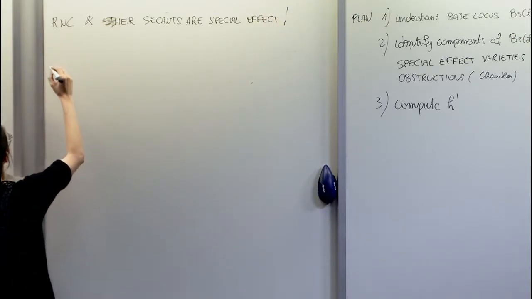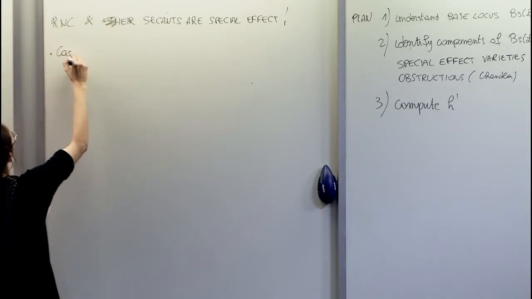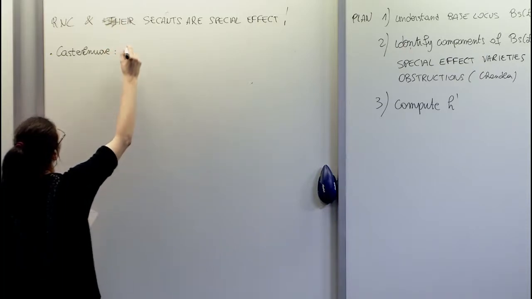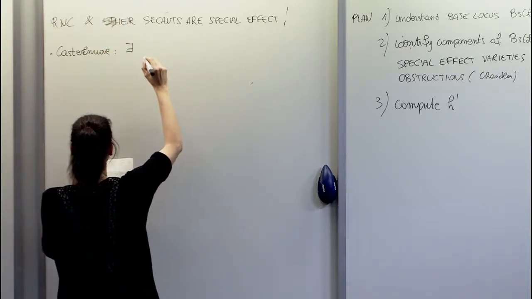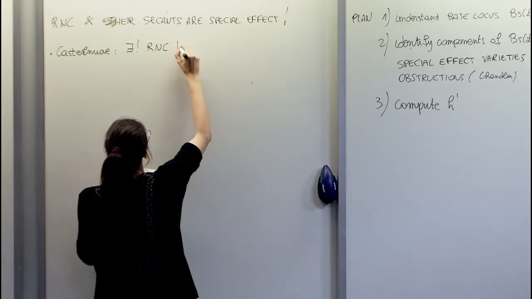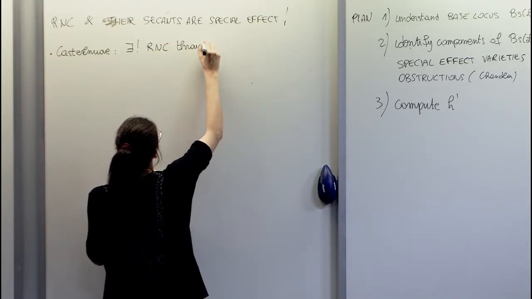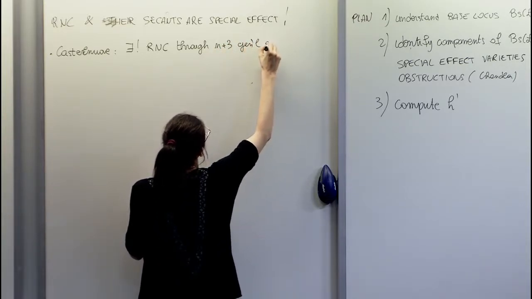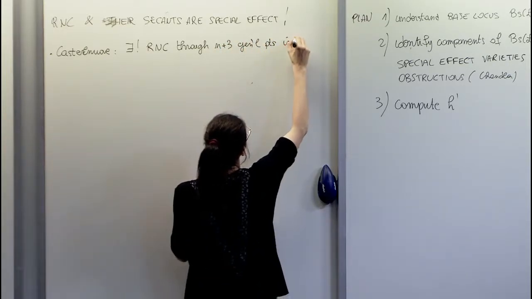So let me just remind that that's a Castelnuovo theorem, that there always exists a rational normal curve, unique, through n plus 3 general points in Vn.